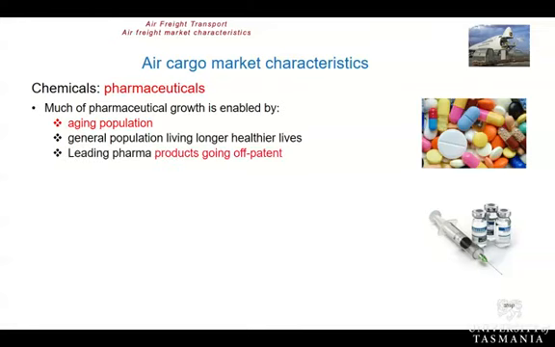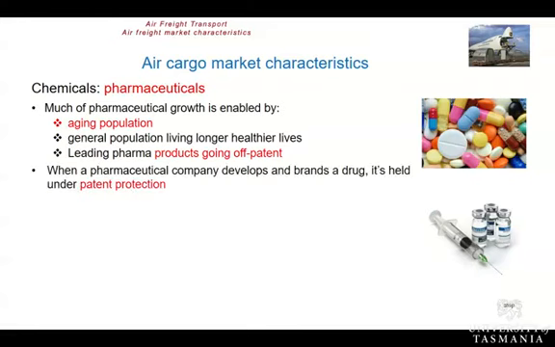do so. The other reason is the market's growing by virtue of a lot of the products actually coming off patent. So what I mean by that is that anybody who comes up with a new drug, which is new to the world, can apply for a patent.